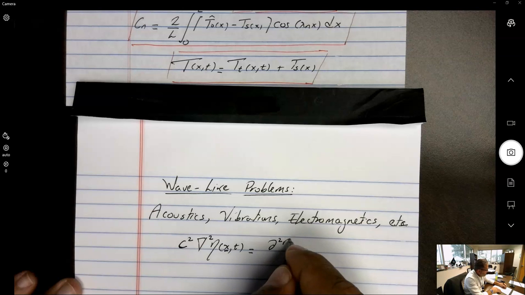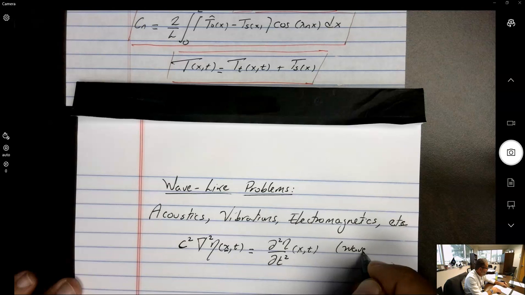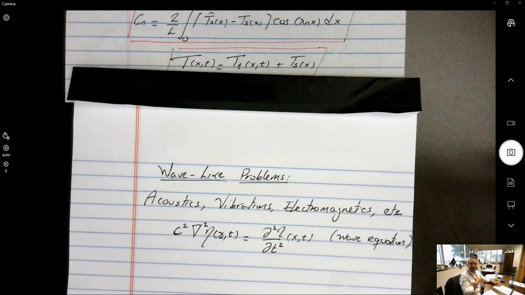And in time, we have behavior that's second order in time, a second-order derivative in time. So this is the basic wave equation. Undamped wave equation, homogeneous also.